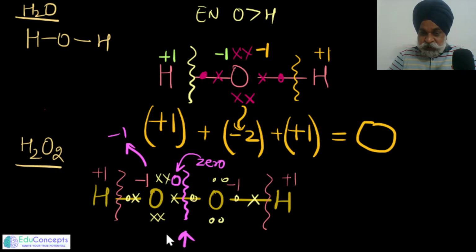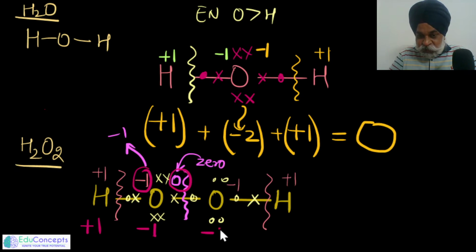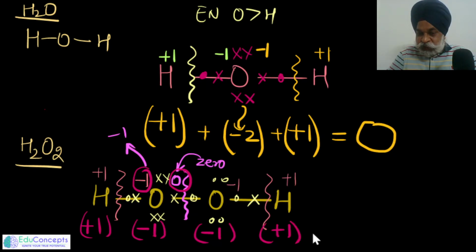If I write the oxidation states now, this is +1, and here it is -1 from this bond. From this bond it comes out to be 0. So in actual this comes out to be -1, and the same is for this, and this is +1. If I do the algebraic sum of all these elements, it happens to come out to be 0. So here a point of caution is there.